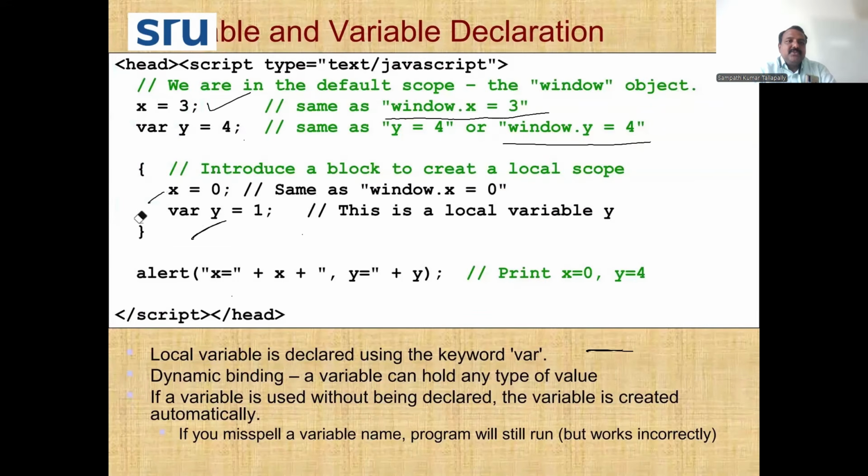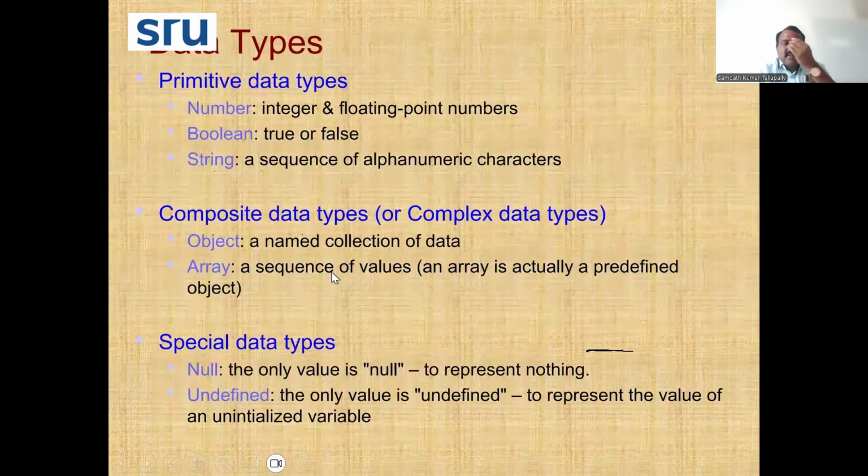Now we'll see what data types we have in JavaScript. Simply, we have the primitive data types, the composite data types, and the special data types.